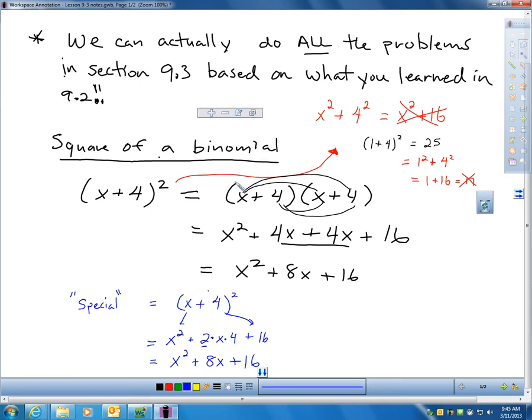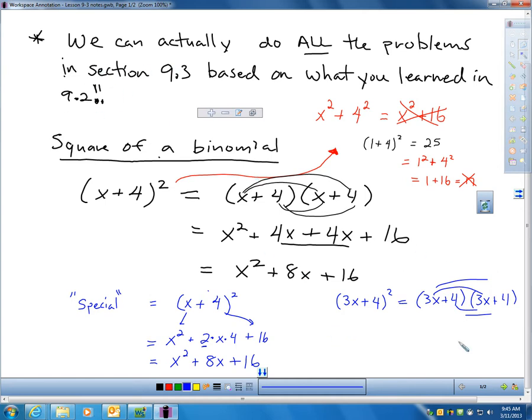Okay? You can actually see that applied at the bottom of page 569. They give you 3x plus 4 squared, and I'm just copying this right out of the book. Now, you could do it the way I showed you here. You could take 3x plus 4 times 3x plus 4 and actually work it out by double distributing like I showed you in section 9.2.